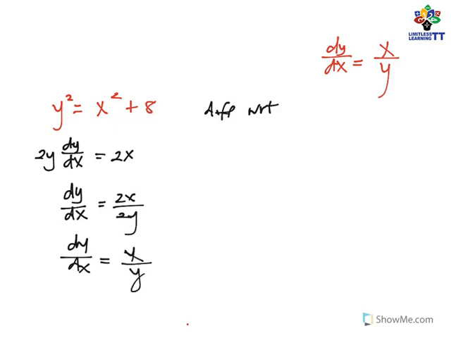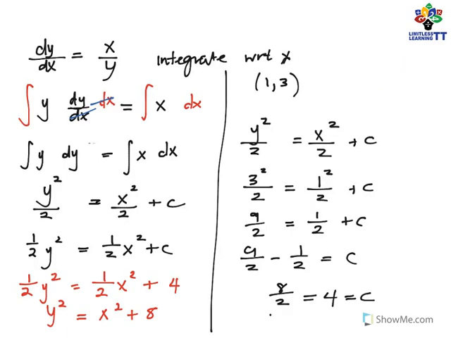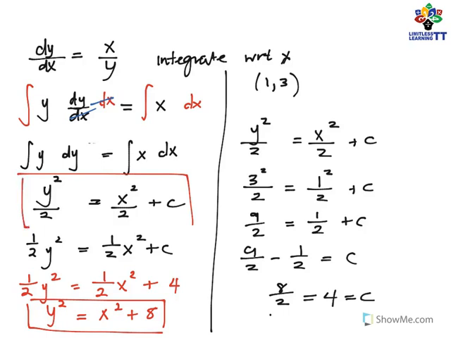Right? So you can always double check to make sure that you do, in fact, have the right equation. So this would have been my final equation of the curve when it passes through the point 1, 3, right? And this one to be the equation of the curve family.